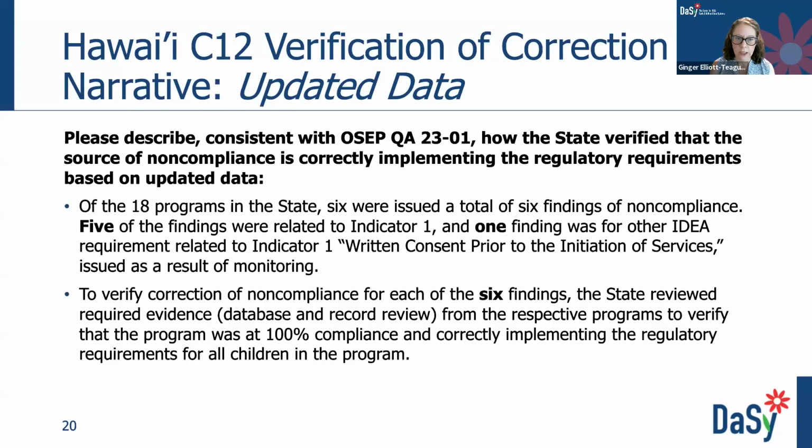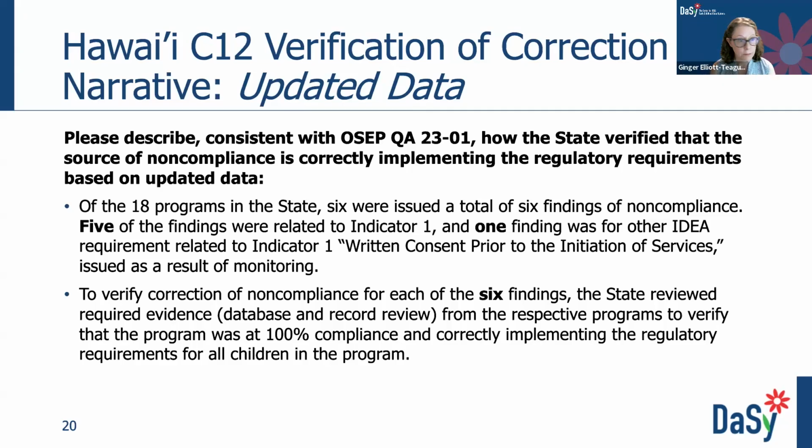So 5 of the findings were related to indicator 1, and 1 finding was related to the related requirement. And they summarized how they did that. To verify correction of noncompliance for each of those, they reviewed required evidence from the respective programs and reviewed whether they were at 100% compliance. So that's the introductory section that they used.